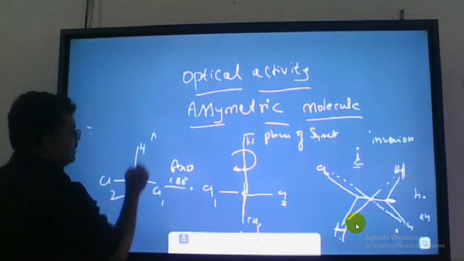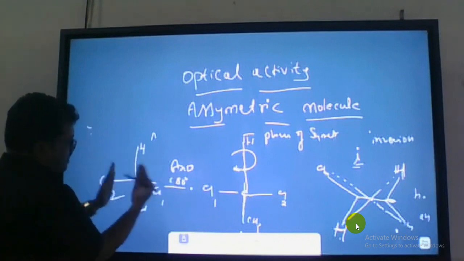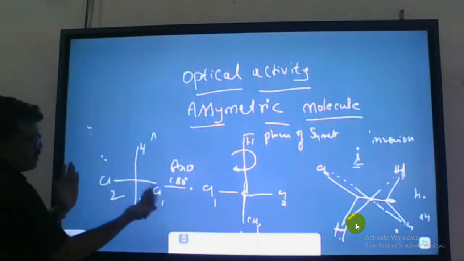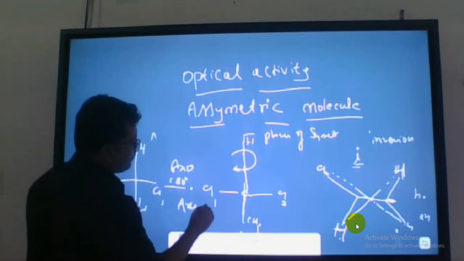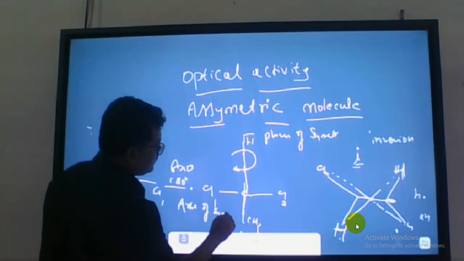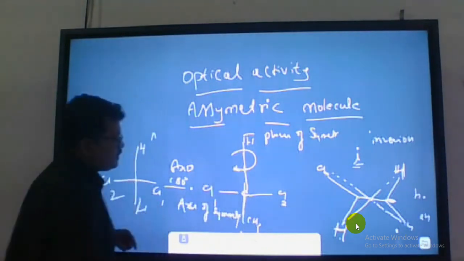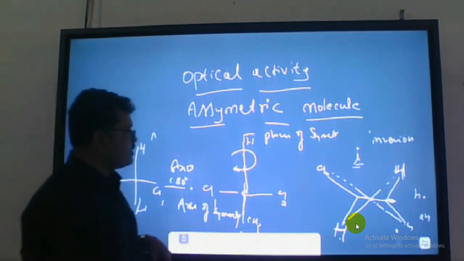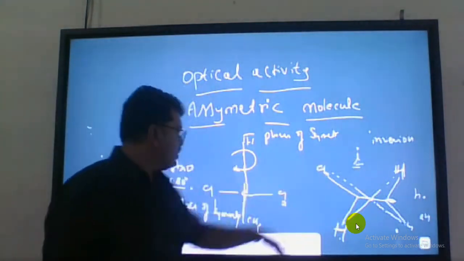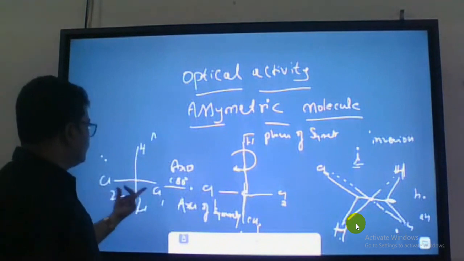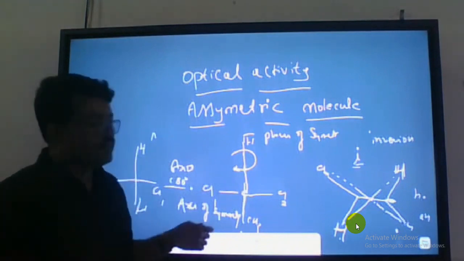The remaining is H. So you notice it's the same, both sides have Cl, the same chlorine. This is called an axis of symmetry.